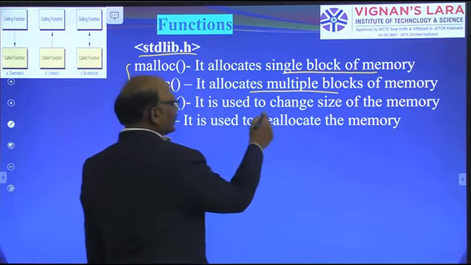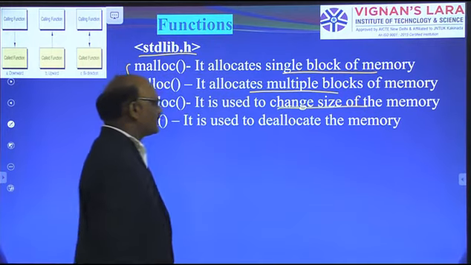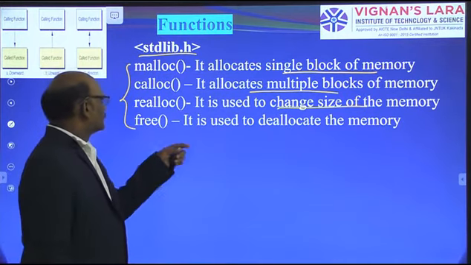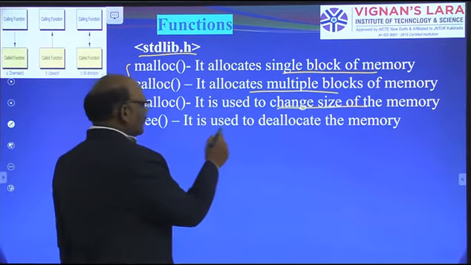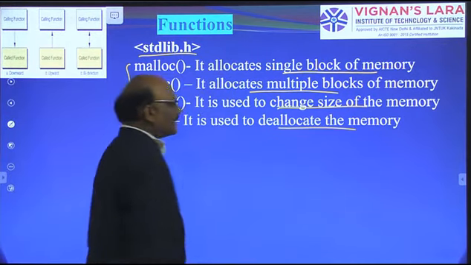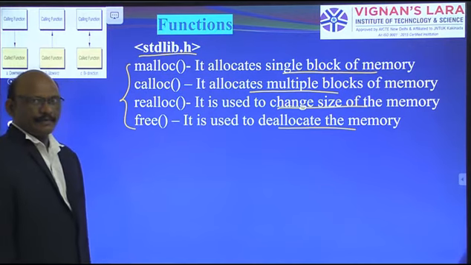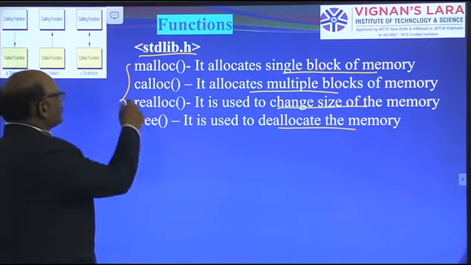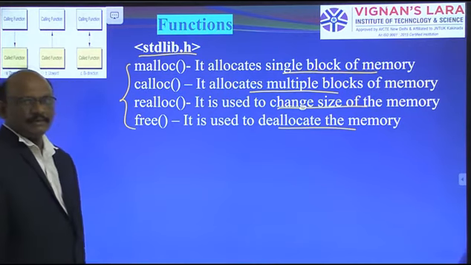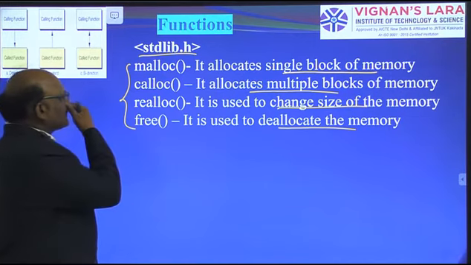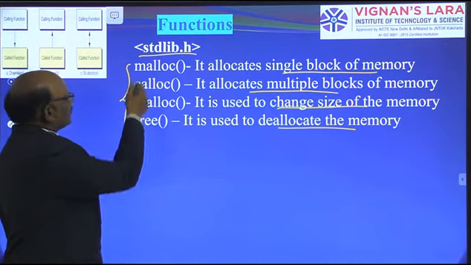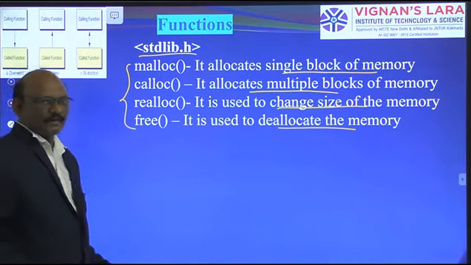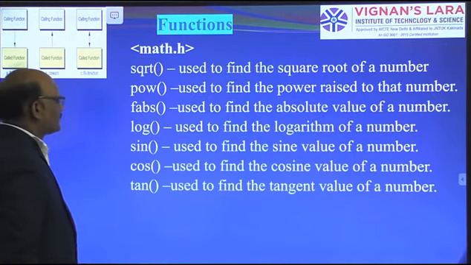Realloc is used to change the size of the memory allocated by malloc or calloc. And free is used to deallocate the memory. So all these are used for allocating the memory dynamically. Whenever you are using these library functions, you need to include the header file stdlib.h.